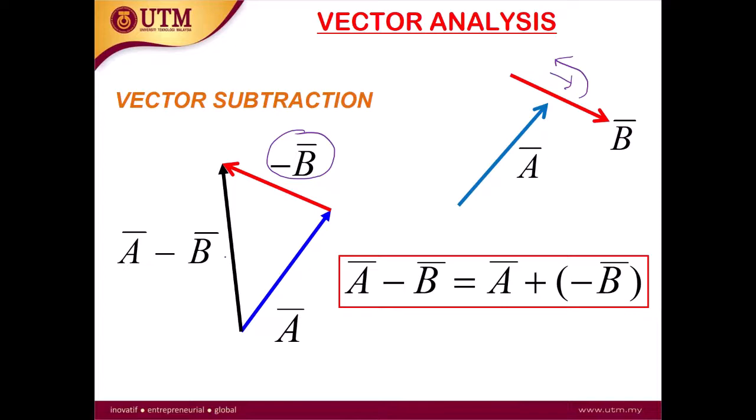Let's say the vector is here in this direction. So A minus B is equal to A plus minus B. Right? This is how we write vector subtraction.